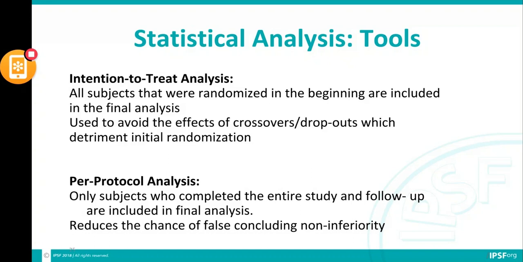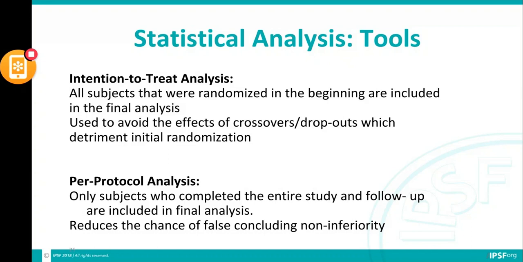And this is used to avoid the effects of those dropouts, which could in turn detriment that initial randomization. So you had a really strong randomized group of people, and then because more in one group dropped out, now your outcomes are skewed. Using an intention to treat analysis will help avoid some of those pitfalls.